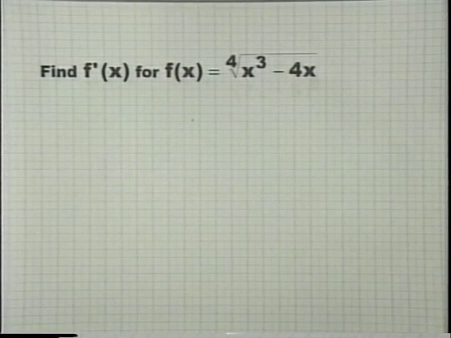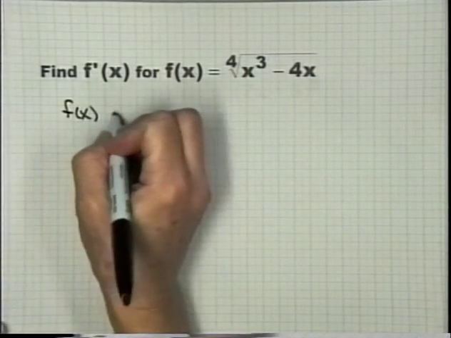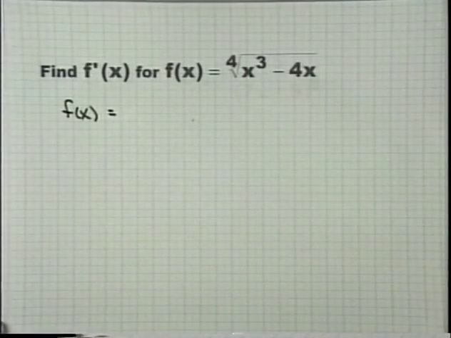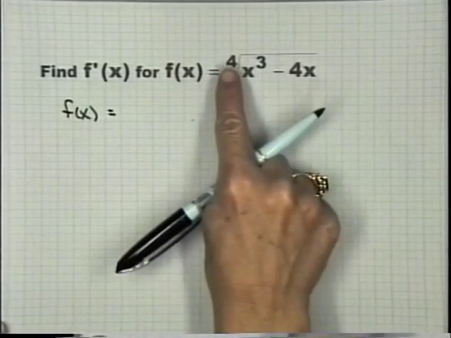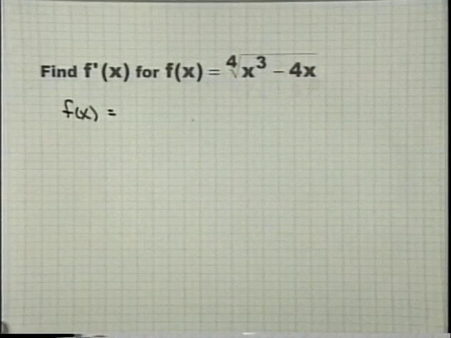Okay, well let's look at this example. Find f prime of x for f of x equals the 4th root of x cubed minus 4x. Now, I'm going to start off by simply rewriting my function in a different format. Recall, if you have roots, you can indicate those roots by using fractional exponents.